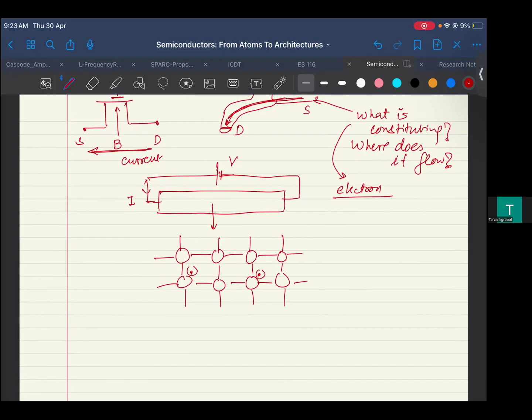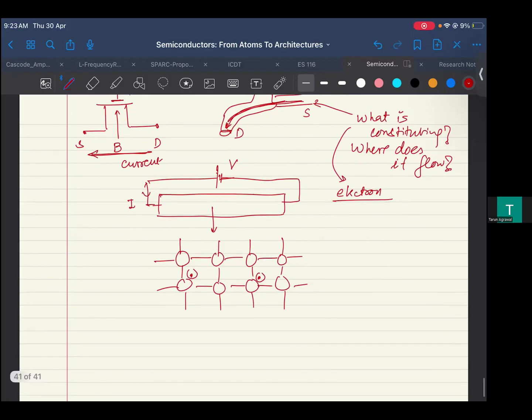These electrons respond when you apply a potential difference. You will see an electric field in this direction, so the electron is going to feel an electrostatic force, QE, and it is going to feel a drift.